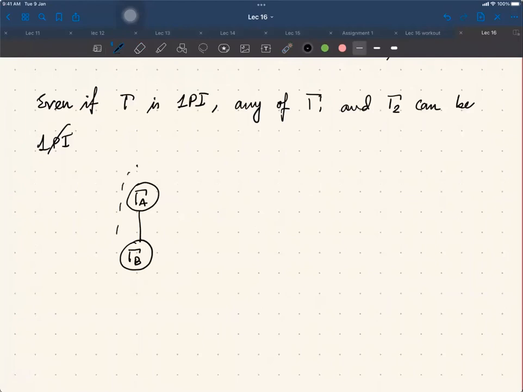So this is your gamma 1, and then you have gamma 2 here. There are certain external lines here, and here also there are certain external lines.